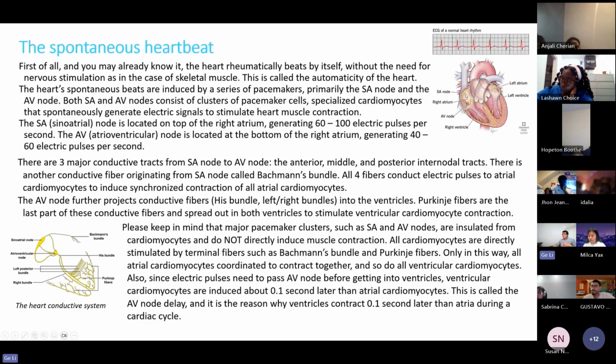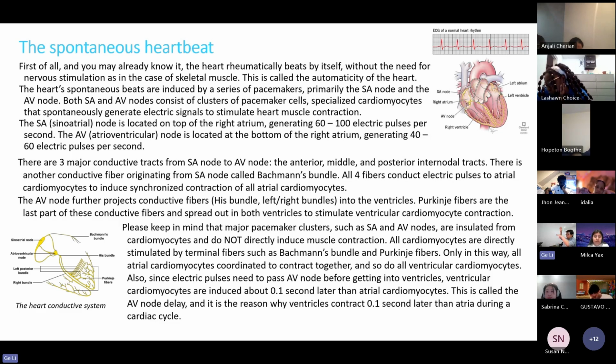So how can this be done? The signals come out from the SA node and go through long fibers to different locations of the atrium, and our body is designed so nicely that each region of the atrium has the same fiber distance from the SA node. So all the atrium muscles receive the signals almost at the same time and contract almost together. Also, you remember the atrium contracts first and then the ventricle.